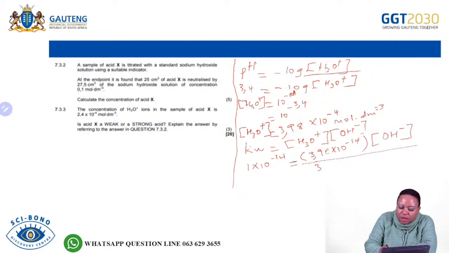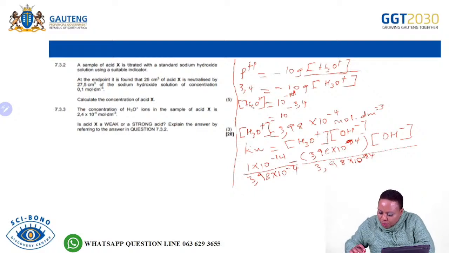Therefore, how are we going to find the concentration of hydroxide ions? We divide both sides by 3.98 times 10 to the exponent minus 4. I think I made a mistake here, it's minus 4, not minus 14.